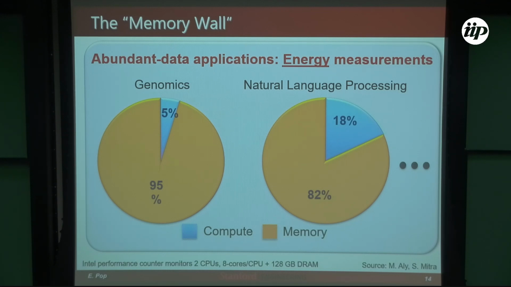What he told me is, look, if you're running these very data-intensive applications, meaning you're always retrieving and pushing memory back and forth, about 5% of your energy is spent actually doing computation, and 95%, or 82%, the big yellow slice, is spent either in memory or waiting for memory to return data back to you. So the processor is just sitting there twiddling its thumbs, right? This is clearly a really big problem.